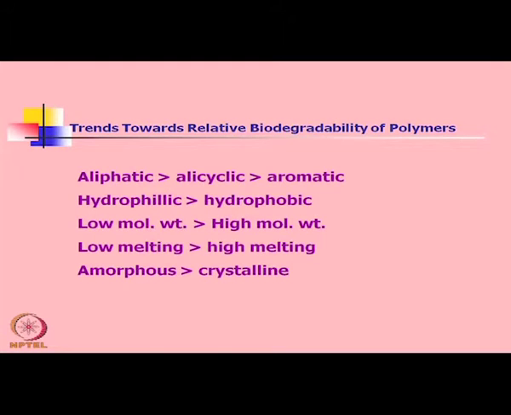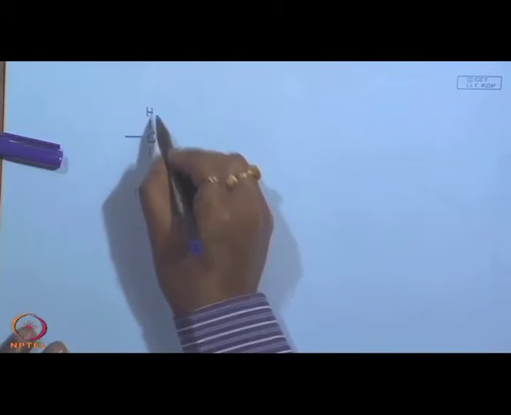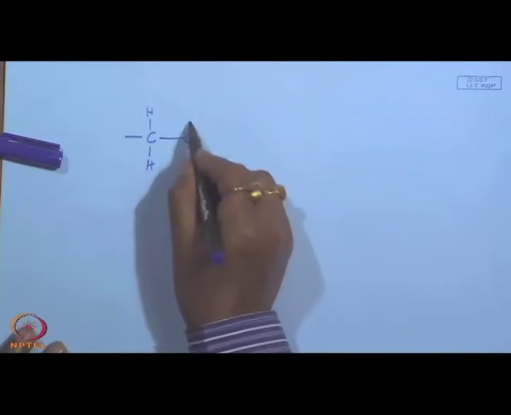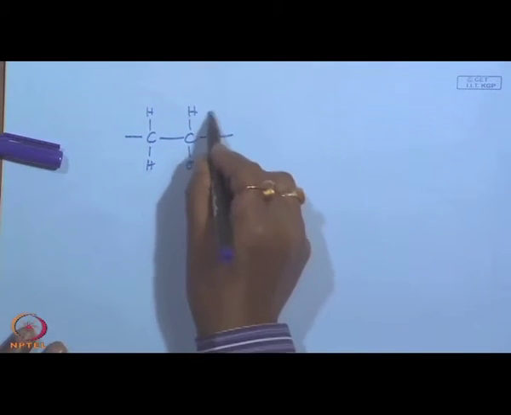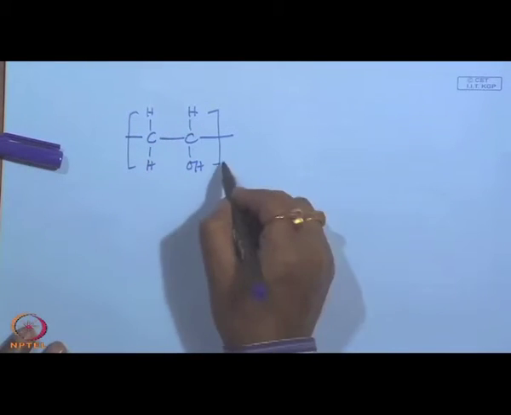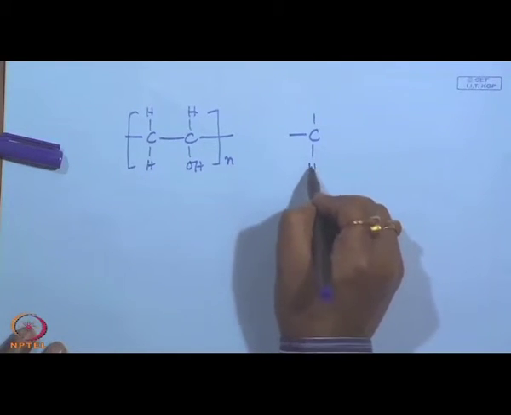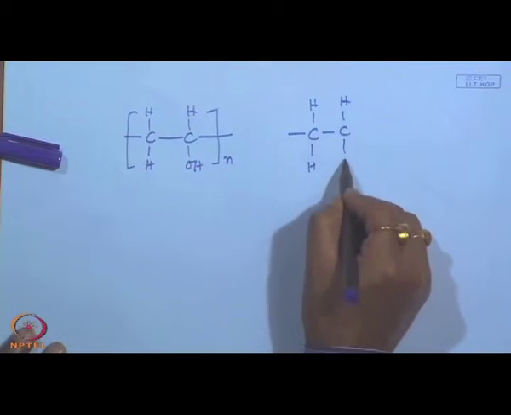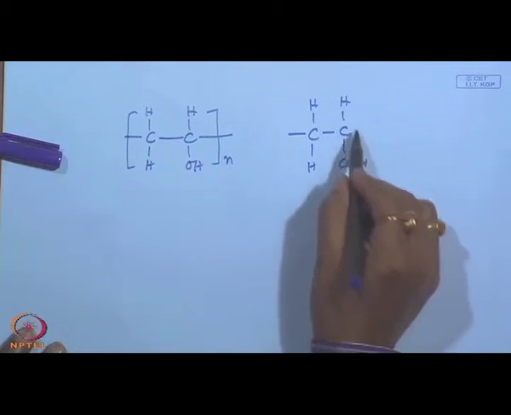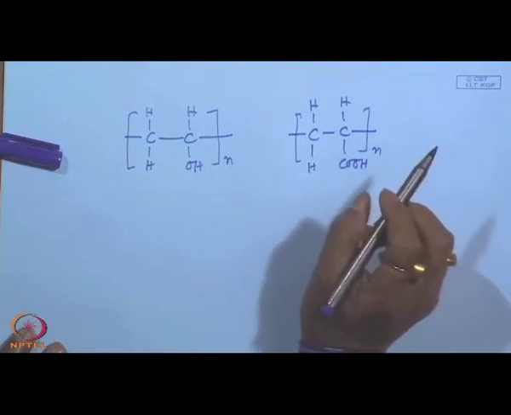For example, polyvinyl alcohol is a hydrophilic polymer. This is polyvinyl alcohol. This is a hydrophilic polymer, it dissolves in water, it is a water soluble polymer, and it is degradable. Similarly, a polymer like this, polyacrylic acid, is again hydrophilic, and this is also biodegradable.